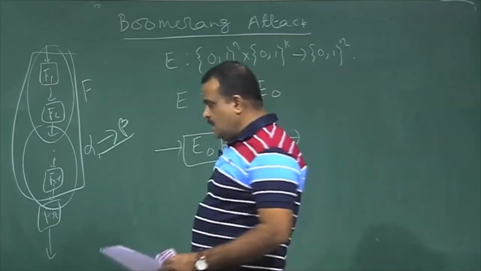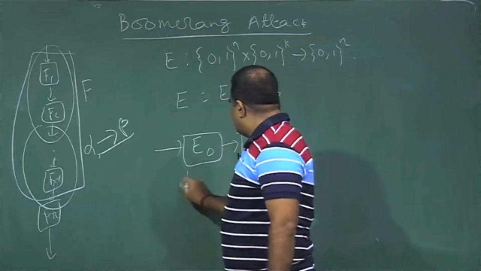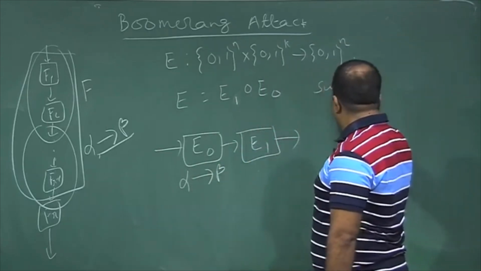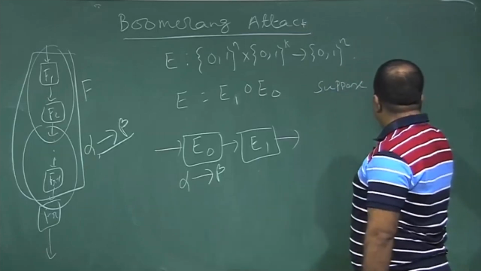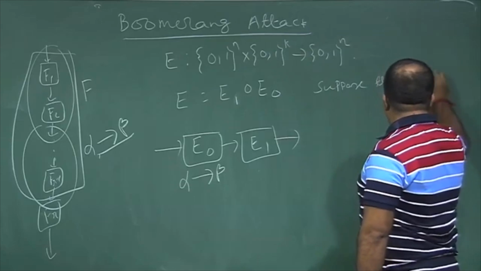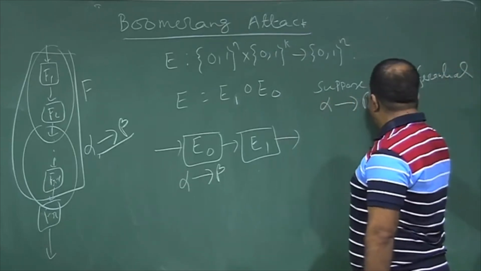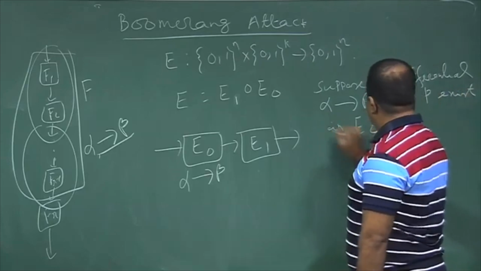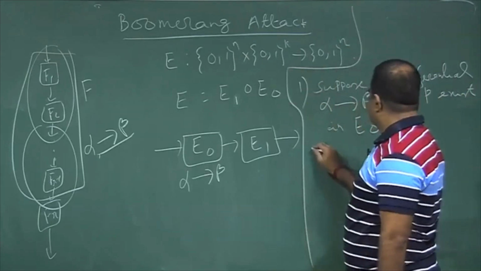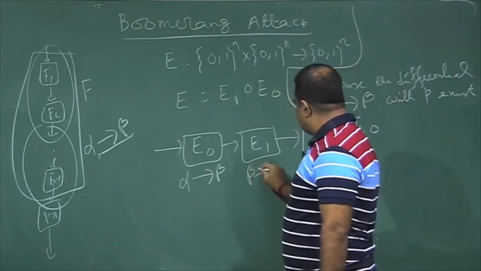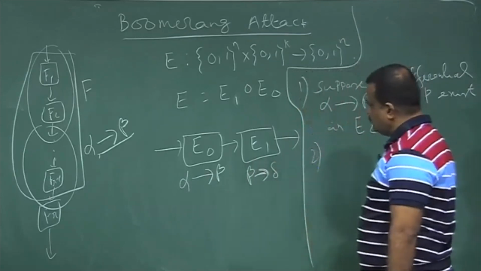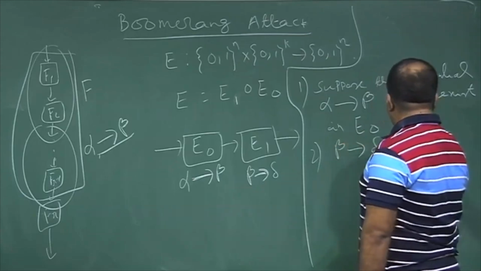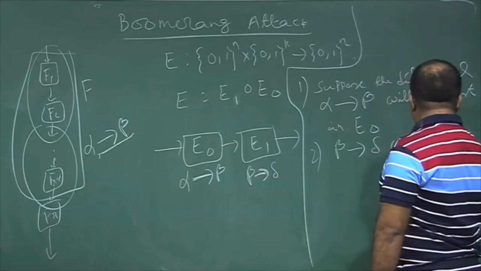Now, suppose the differential alpha going to beta with probability p, a high probability, exists in E0, and suppose here also beta is going to delta with probability q in E1.